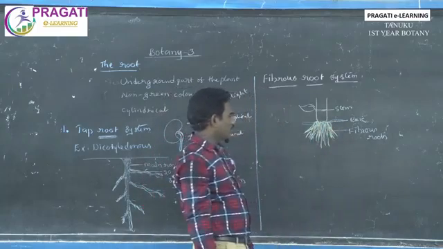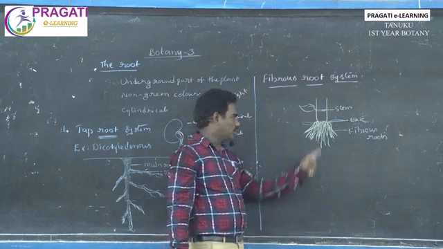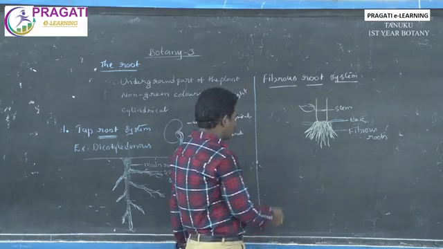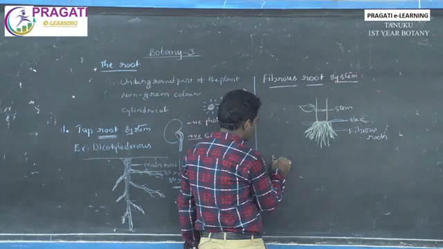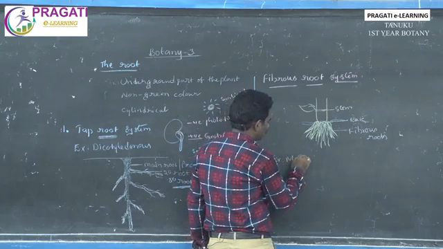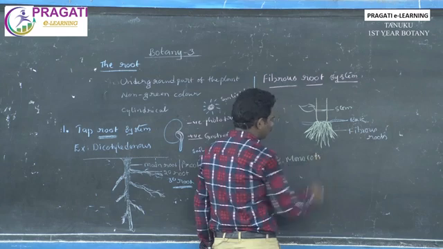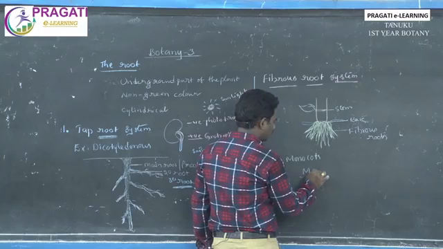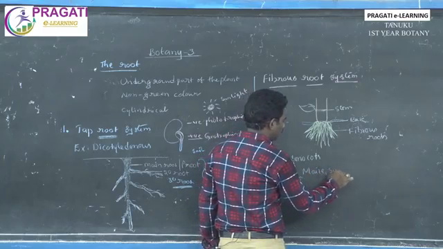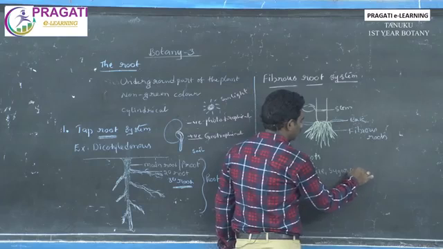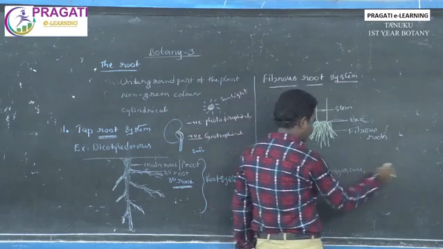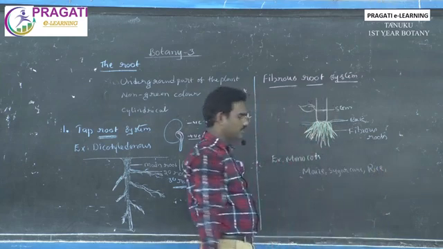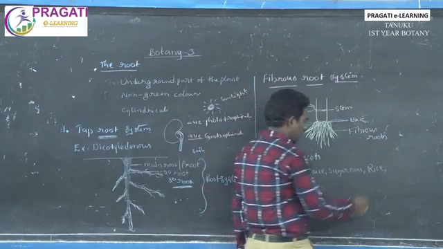These fibrous roots originate from the base of the stem. This is called the fibrous root system. The characteristic feature of monocot plants. For example, maize, sugarcane, rice and wheat.